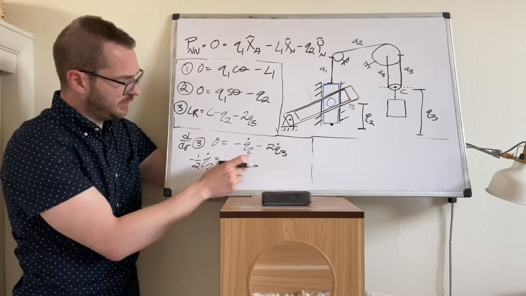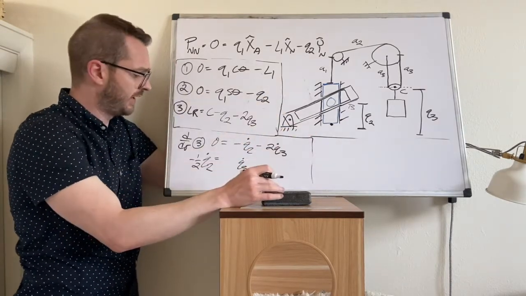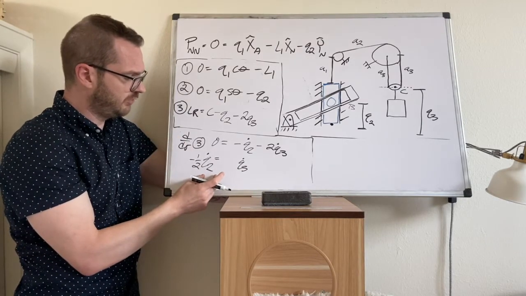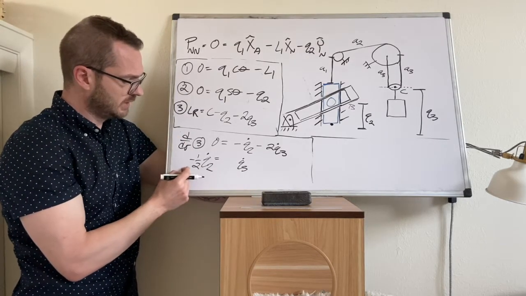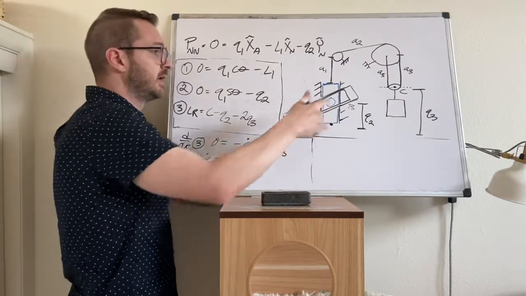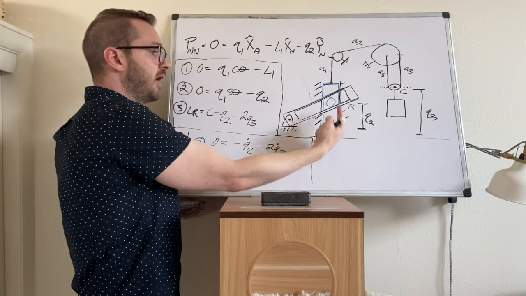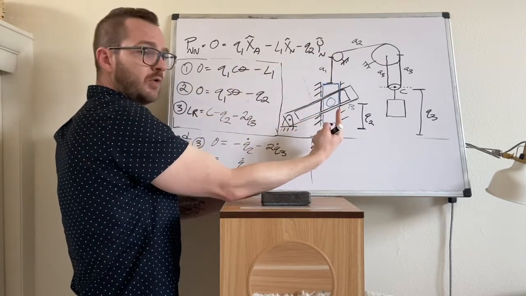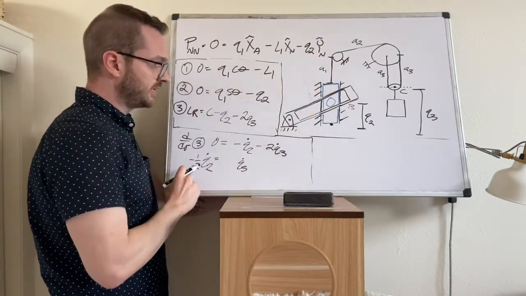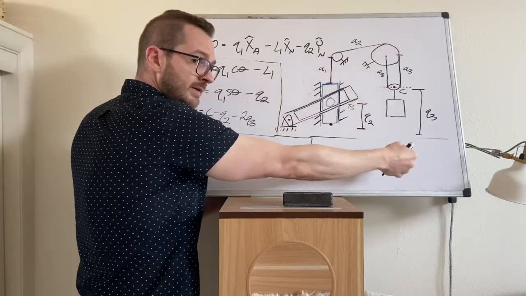We defined q2 and q3 such that they're positive in the positive y-headed directions. So this is telling us that if you take a q2 dot and you put a negative 1/2 on it, you're going to get the q3 dot. So does that check? When q2 dot is positive, then this block is going up, right? This equation tells us that when block B is going up, block C is going down.